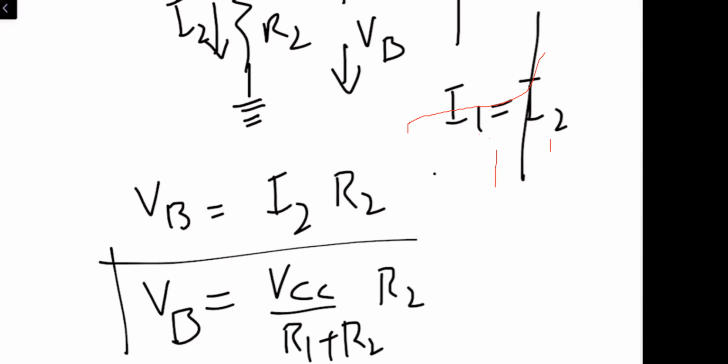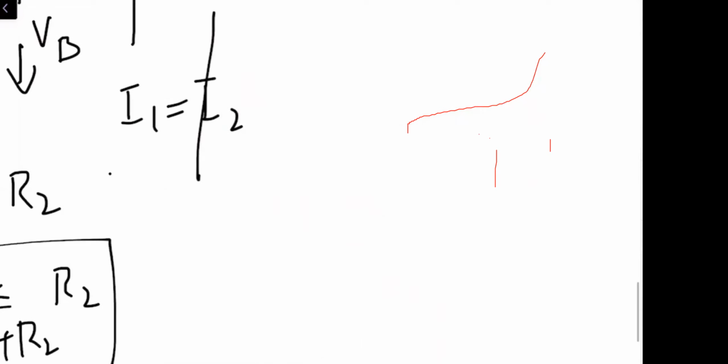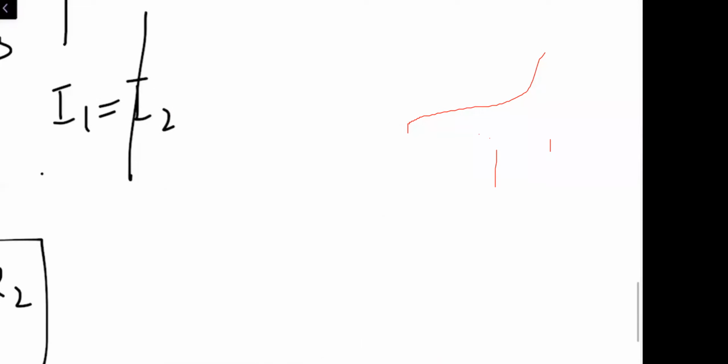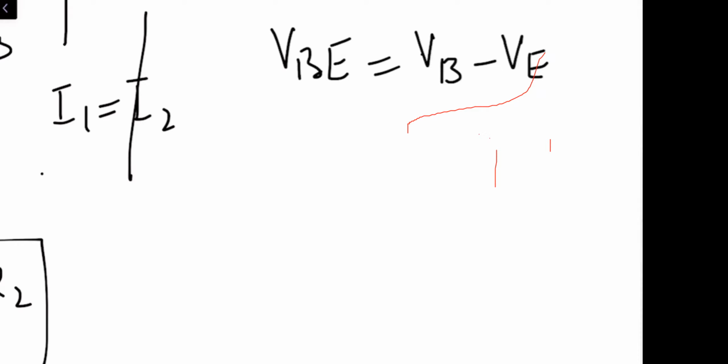This is going to be our base voltage, right? When this is our base voltage, we also know that VBE is equal to VB minus VE, right?